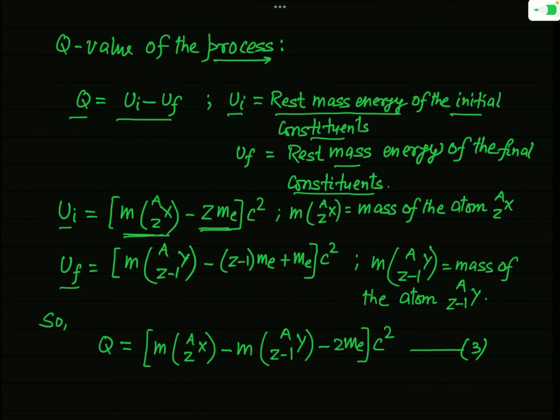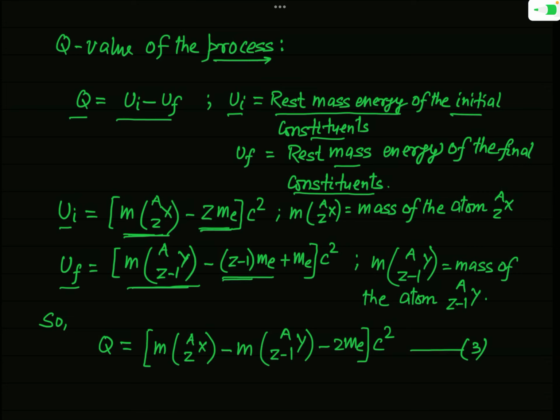And what will that be? This Uf will be m of Z minus 1 Y A minus Z minus 1 times me. Actually, what is this m of Z minus 1 Y A? This is the mass of the daughter atom, not the nucleus. And Z minus 1 into me is the total mass of the Z minus 1 electrons present in the daughter atom.